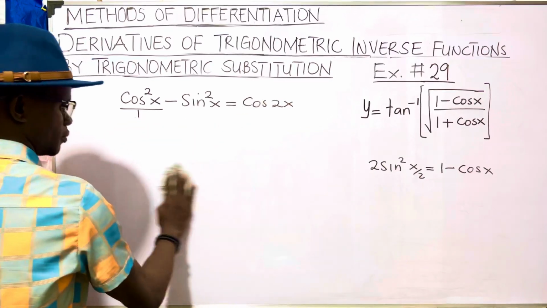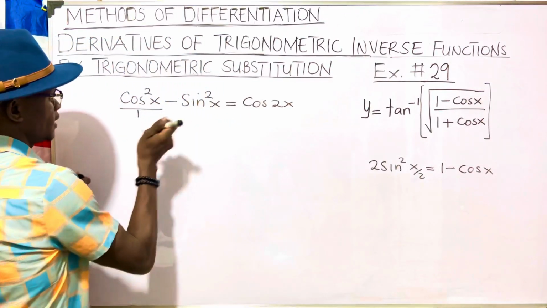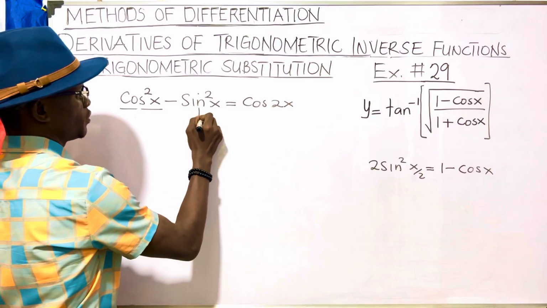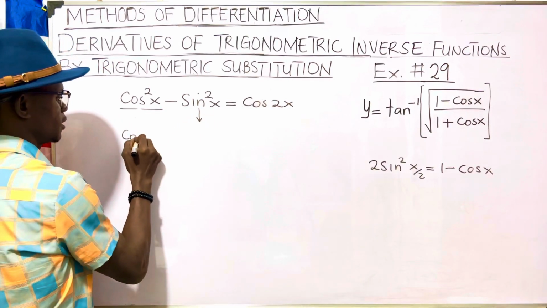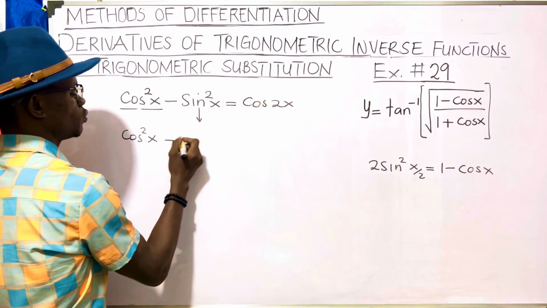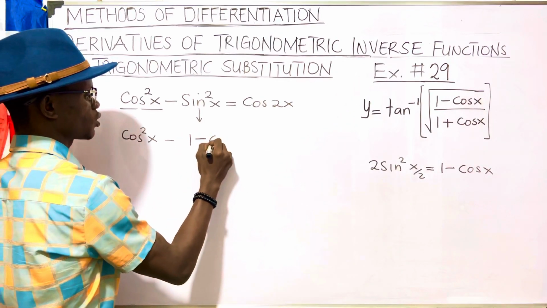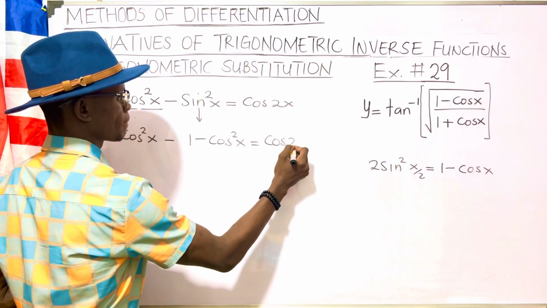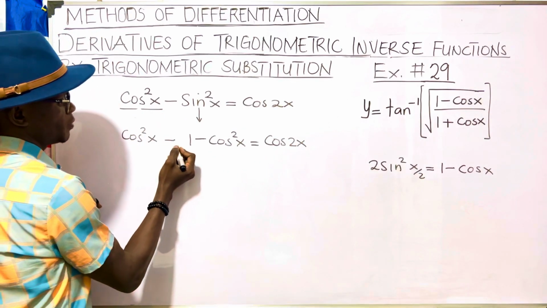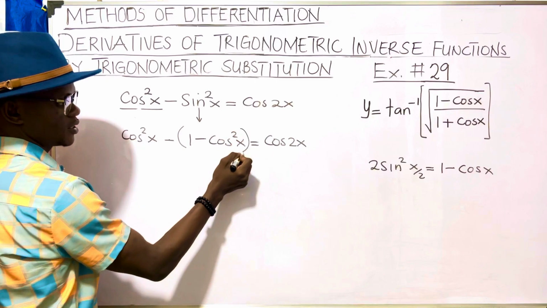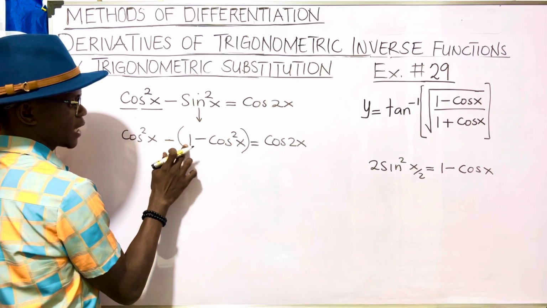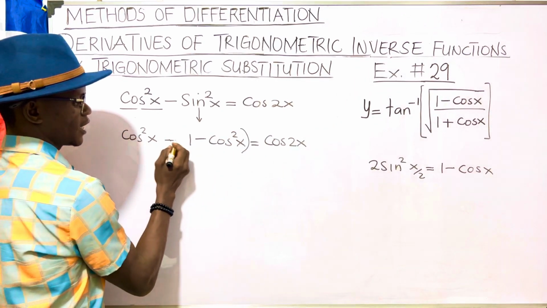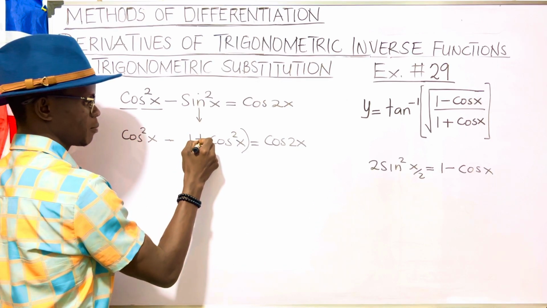Similarly, if we replace sine square with the Pythagorean identity, which is now 1 minus cos square x, remember, because of this negative, we must put this in parentheses. So negative times 1 gives us negative 1, and negative times negative gives us positive.